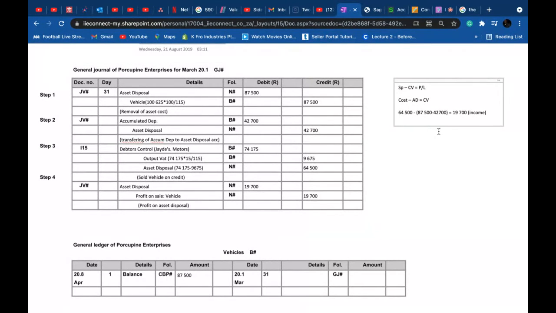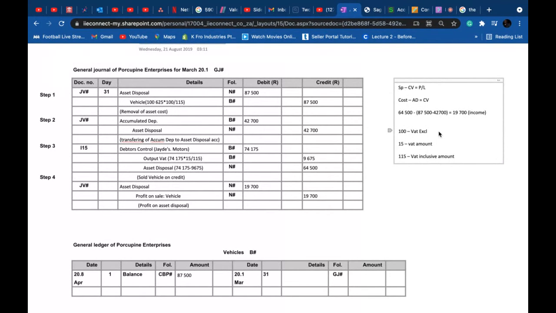Maybe just as a quick recap. Remember we said 100 is for your VAT exclusive amount, then 15 if you want your VAT amount, and then 115 if you want your VAT inclusive amount.